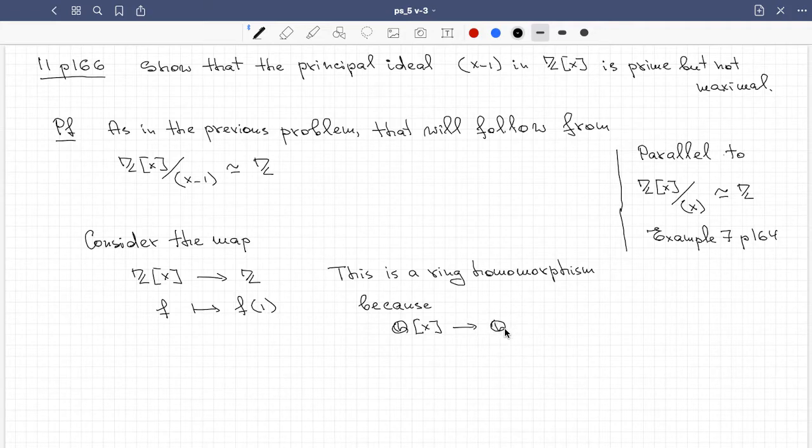And we proved in a previous chapter that the map from polynomials with coefficients in a field to the field, taking the value at any point, is a ring homomorphism.